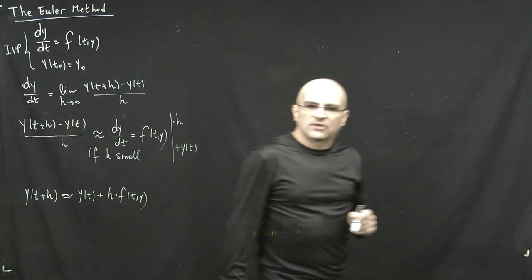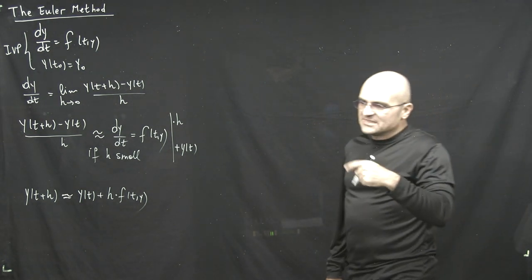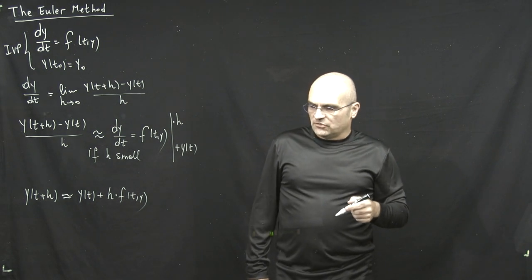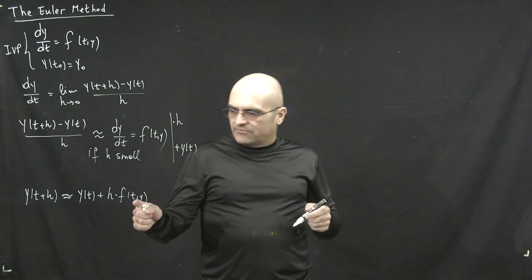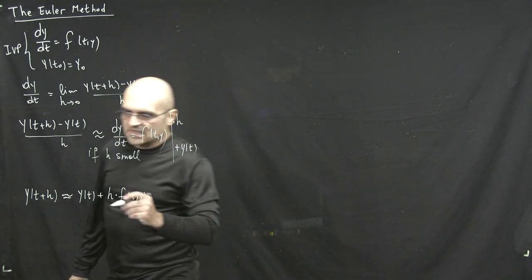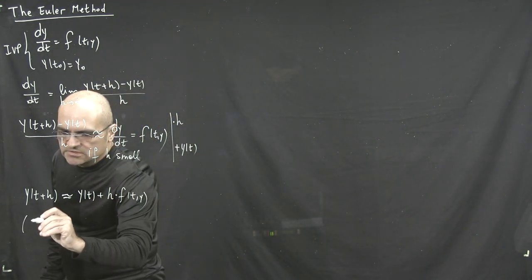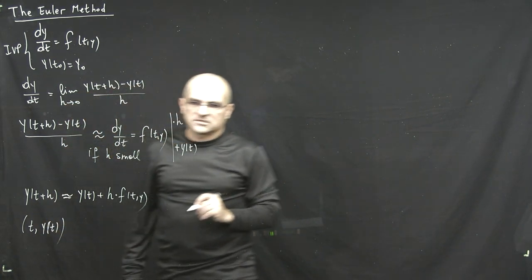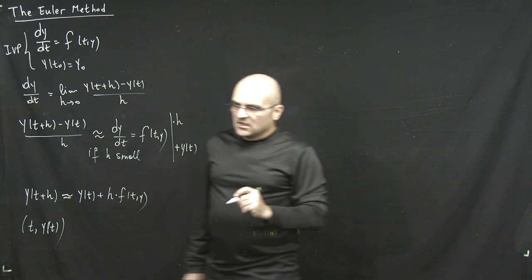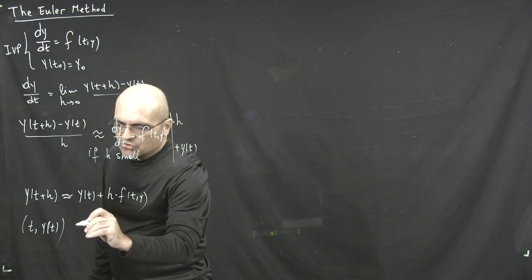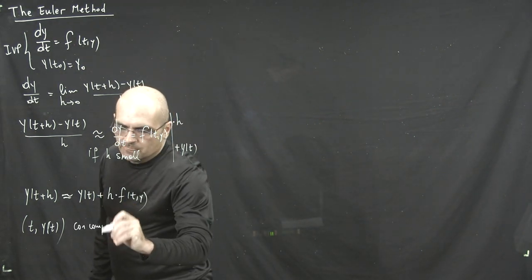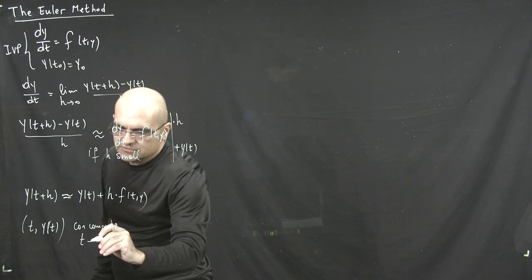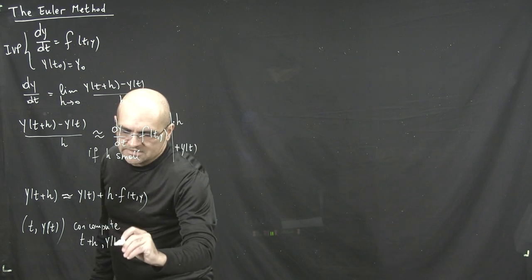So this is the so-called Euler formula, and we're going to use this repeatedly to approximate points of the solution to the ODE. So the main idea is that if I give you a point t, y, so if I start with the point t and y of t, the value at the time point t, then via this formula we can compute a later time point t plus h, y of t plus h.